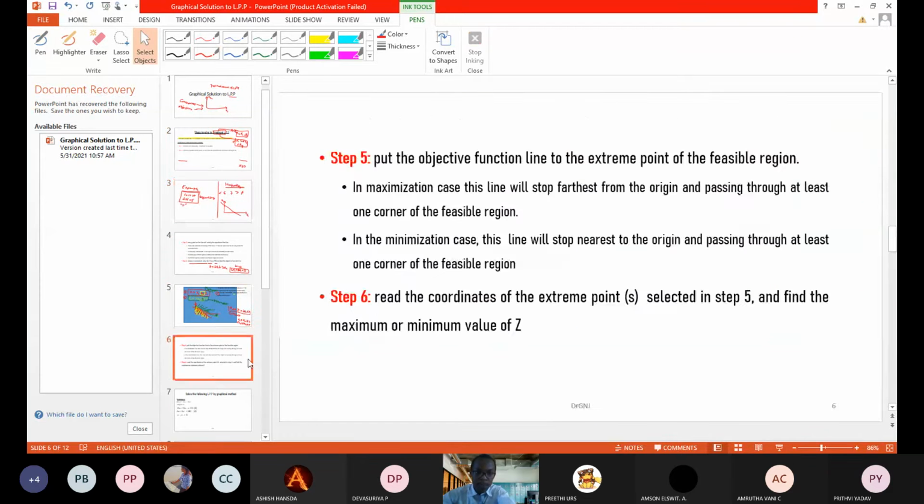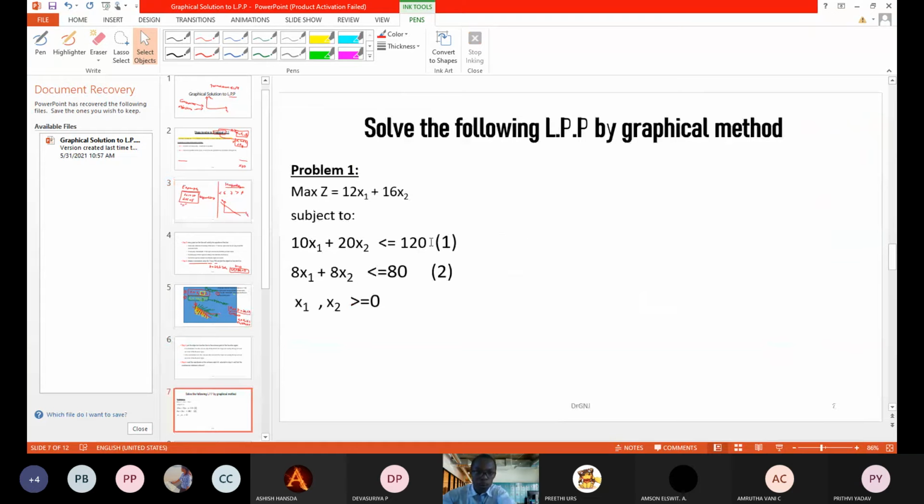A straight line means we want to form the points for all the constraints. This is constraint 1 and this is constraint 2. So the points we should start from 0 and go ahead. So there is no case of not having a straight line.